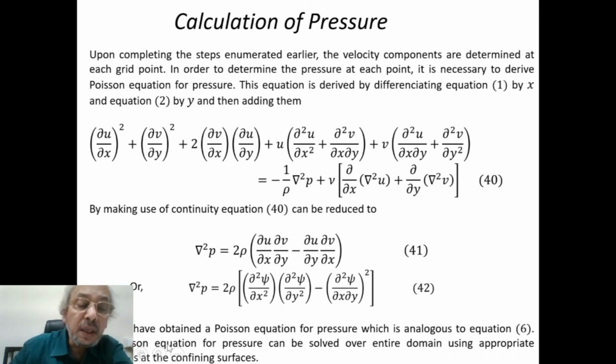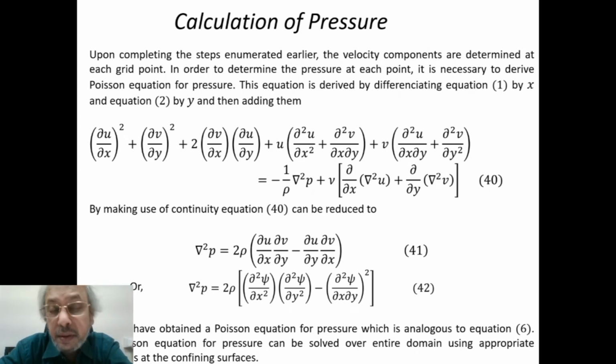We have now obtained the Poisson equation for pressure, which is analogous to the Poisson equation for stream function. We didn't get a Poisson equation for vorticity.